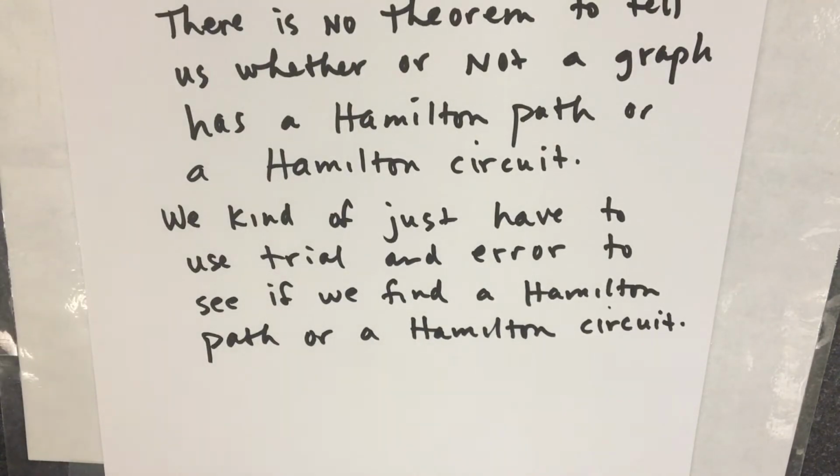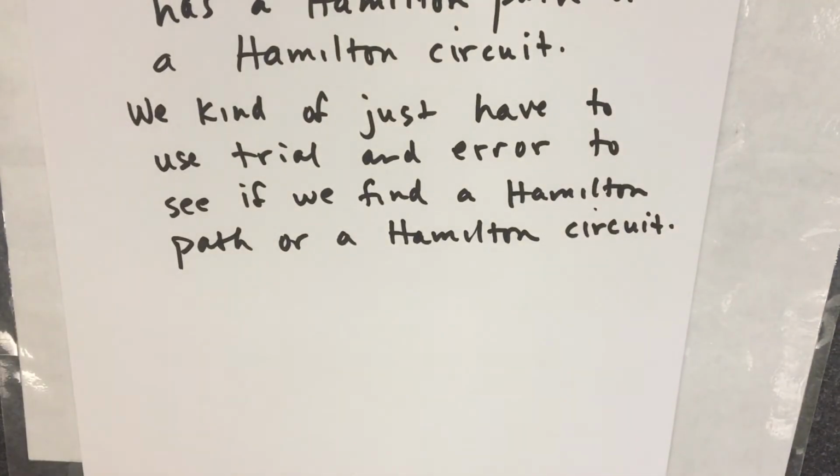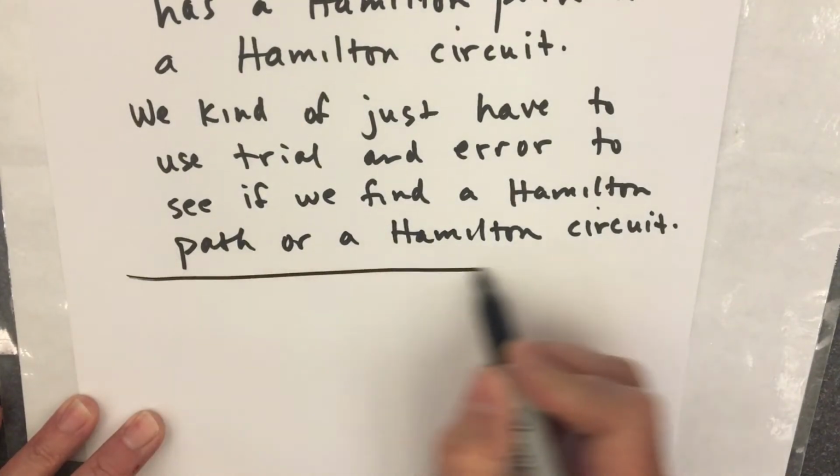But there is some good news. The good news is that mathematicians have studied this enough to know there are certain kinds of graphs that will always have a Hamilton path or Hamilton circuit. So let's write the good news.